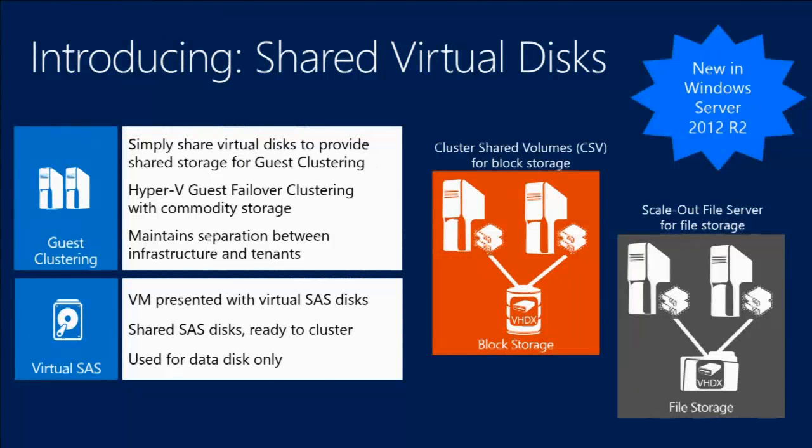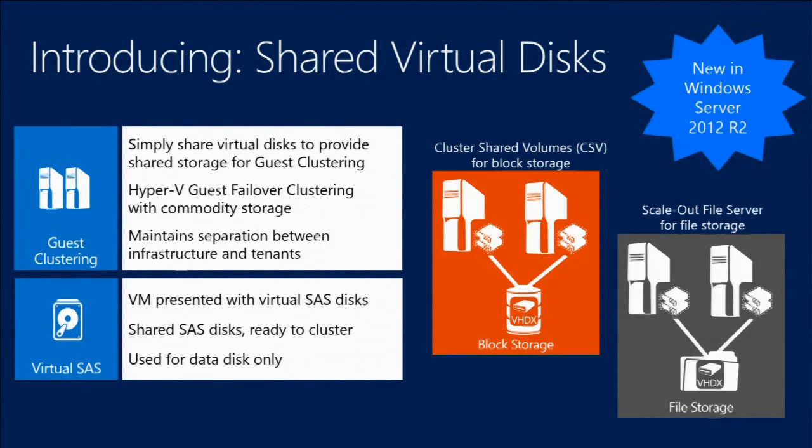Now, the problem that we had is, as much as we try to make this as simple as possible, we did have something in 2012 that was dependent on specific technology for the storage that you needed. So you had to use iSCSI to the guest or virtual fiber channel. And those were creating a requirement for you to expose your storage all the way to the guest.